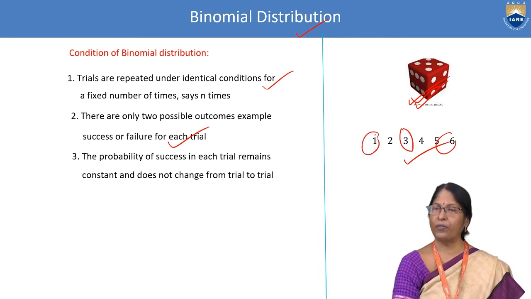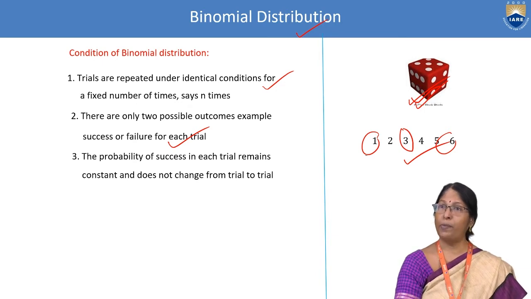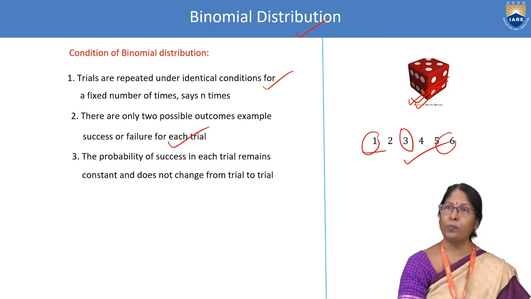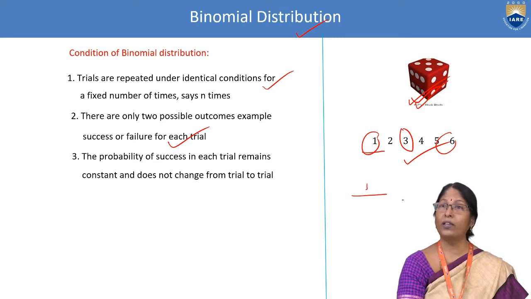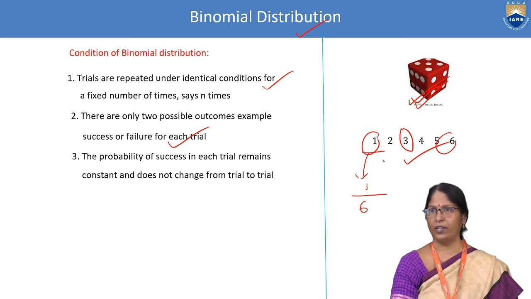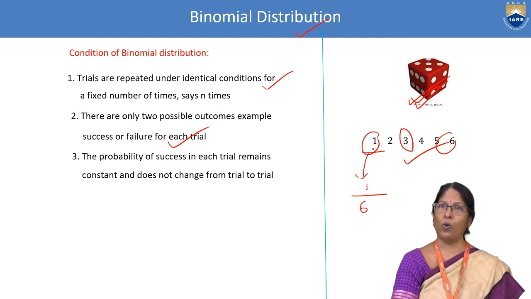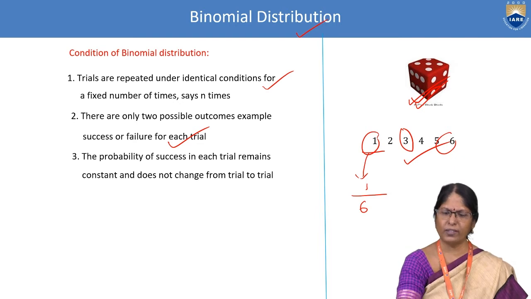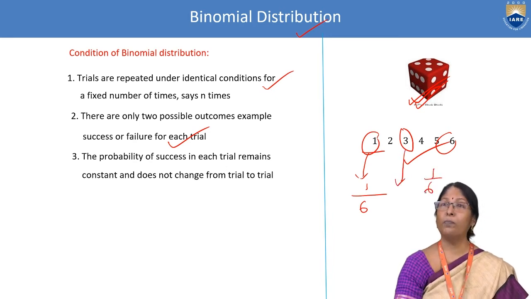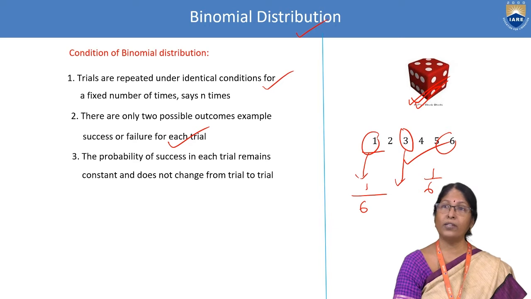The probability of getting this 1, by the basic definition of probability, is favorable sample points, only 1, divided by total sample points, so 1 by 6. Second time also I am getting 1, again 1 by 6 only. It won't change. Or if I get 3, the probability is 1 by 6. So it satisfies the basic definition of probability.